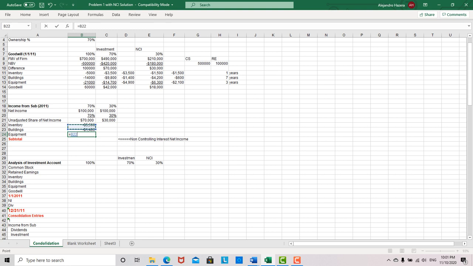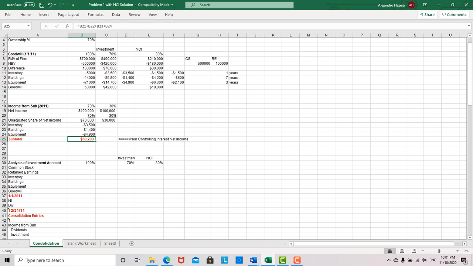And for equipment, we'll be writing off 4,900, which is the amount for the parent, the 70% amount. So the parent share of net income is going to be 70,000 plus all these three negatives here. Okay, so the parent share of net income is 60,200. We'll match that up in a second.